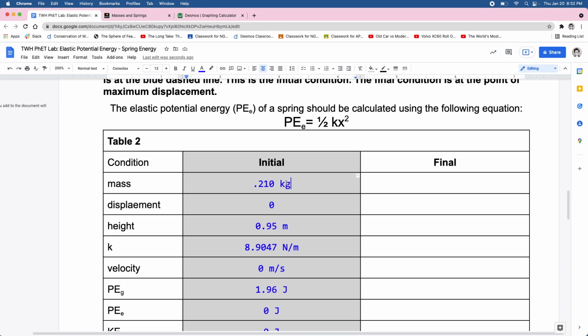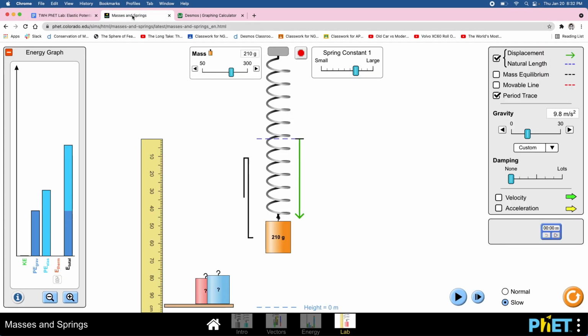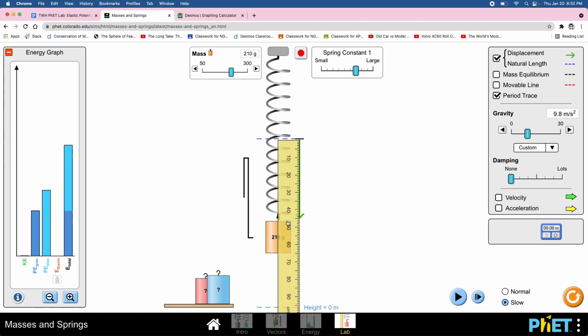My mass is the same, nothing changes. My displacement is now some value, because this green arrow shows me my displacement, and I can measure the displacement of the spring.